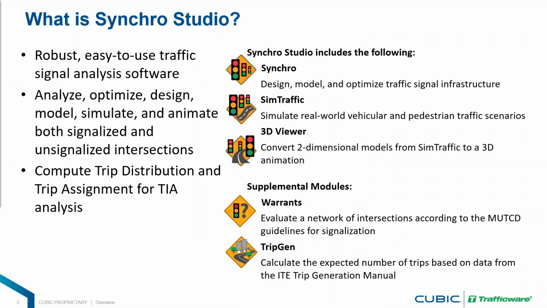Synchro allows you to analyze, optimize, design, model, simulate, and animate both signalized and unsignalized intersections. Starting from version 9, Synchro also allows you to compute trip distribution and trip assignment for TIA analysis.